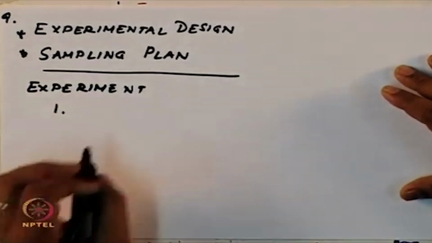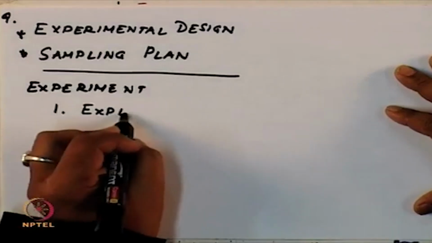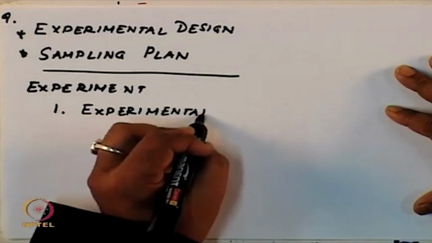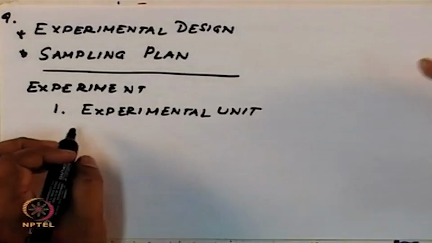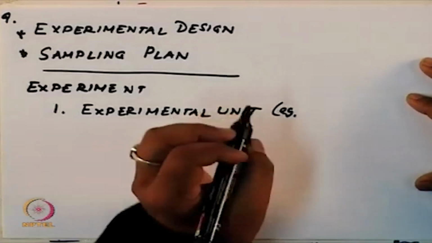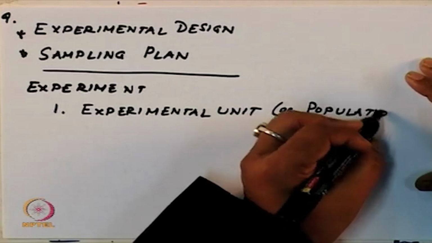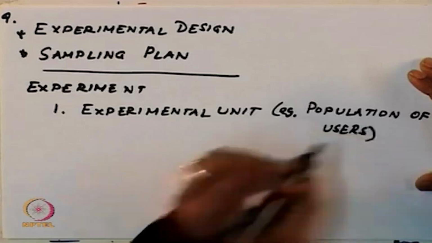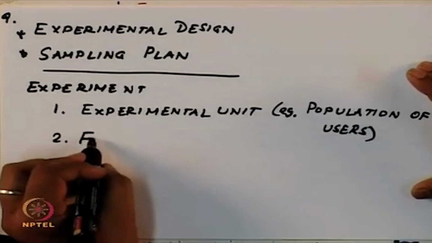First is who you are measuring it on, or what your experimental unit is. For example, in the case of cell phone users, your experimental unit can be just the population of users. Second is the factor.